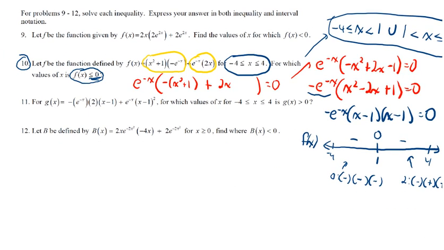What's left if I take out an e to the negative x and an x minus 1? Nothing. Well, hold on. Remember, x minus 1 squared means I've got 2 x minus 1s. Oh, yeah. So that means x minus 1. That's right. It's x minus 1.